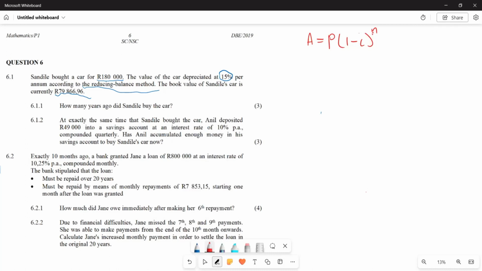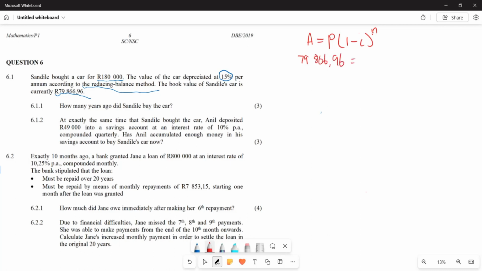Now, you are given that the current book value of the car is 79,866.96, right? So this is going to be the A because this is the current value now. So here we are going to write 79,866.96.